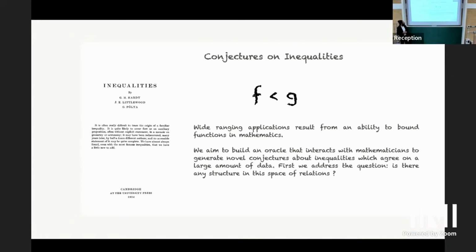Shubhayan pointed out this book written by Hardy, Littlewood, and Pólya almost 100 years ago, called Inequalities, and it's a fantastic resource for identifying inequalities that are known or conjectured across a vast range of different mathematical disciplines. We considered why inequalities were considered by great mathematicians, and it seemed like there wasn't a unifying reason.